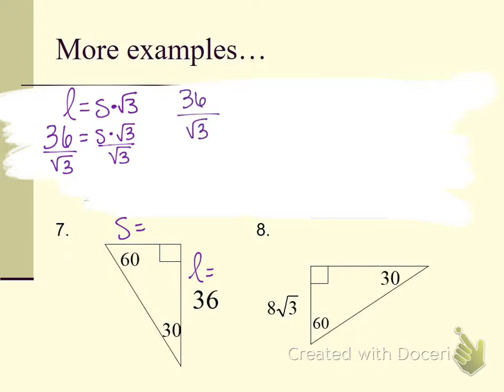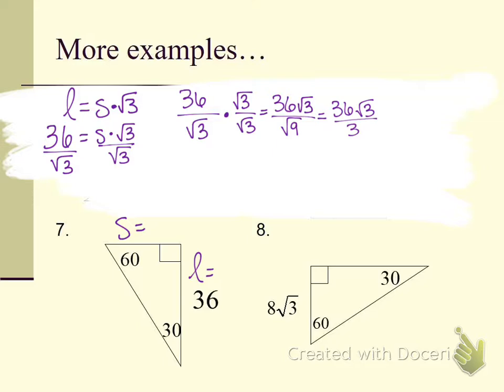So what are we going to multiply it by to rationalize? Root 3 over root 3. Very good. The numerator is just 36 root 3. What's the denominator? Root 9. Square root of 9 is 3.